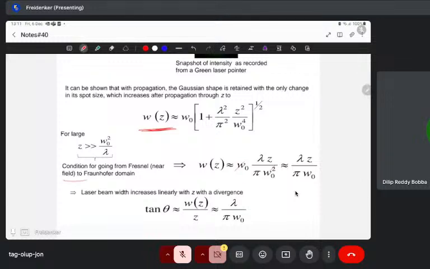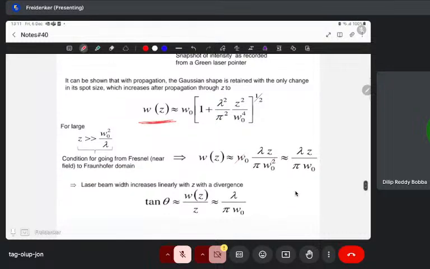Okay, they're giving some condition, Fresnel to Fraunhofer. When does Fresnel become Fraunhofer? When z is very large, right? So this seems to be a large number.